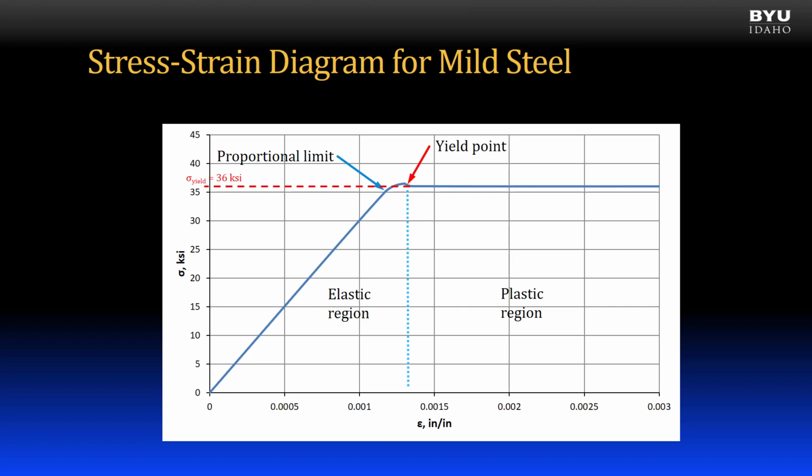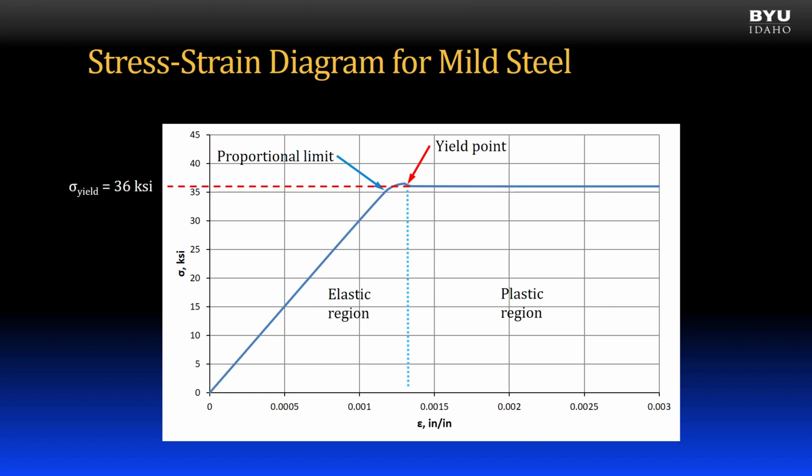We want many of the things that we design as engineers to remain in the elastic region. That means as they are loaded under normal use and then unloaded, they return back to their original shape. Generally speaking, we don't want the things we design to become permanently deformed under normal use. So to us, the yield point is often taken as the failure point or the failure stress.